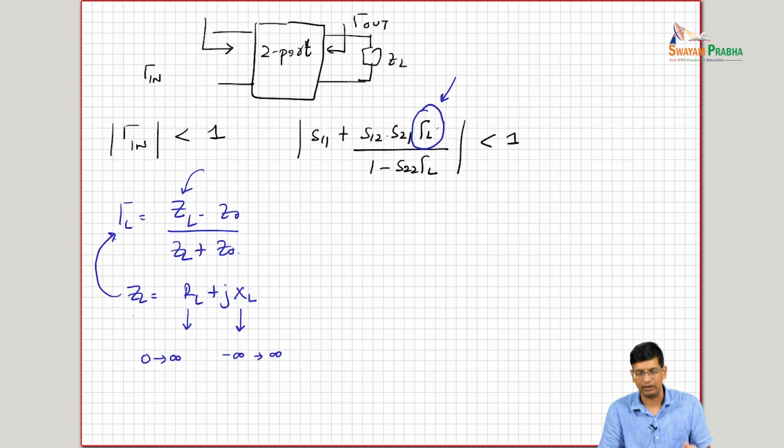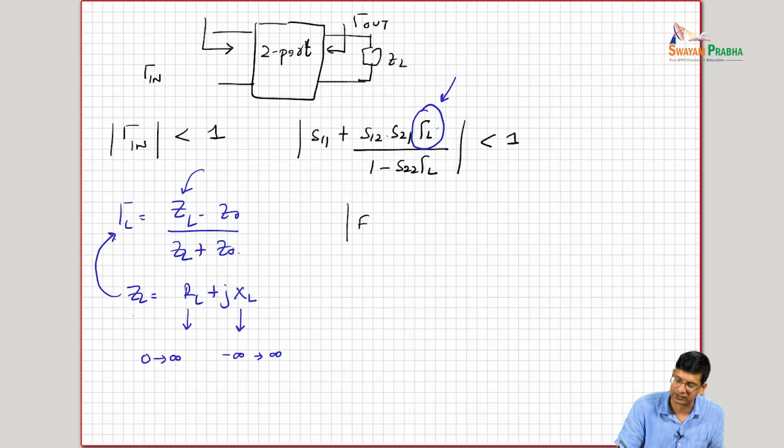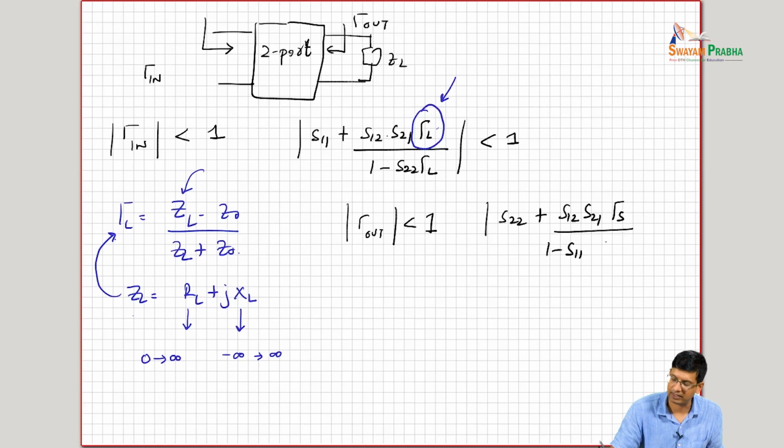So this is on the input side, and I can similarly define a condition on the output side, that I want gamma out less than 1. So this basically implies I want the absolute value of (S22 plus S12 S21 gamma S) divided by (1 minus S11 gamma S) to be less than 1, right?